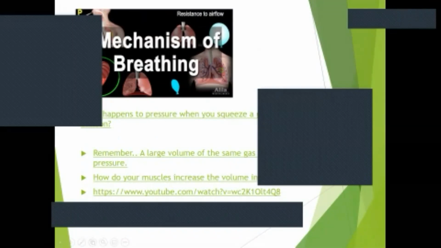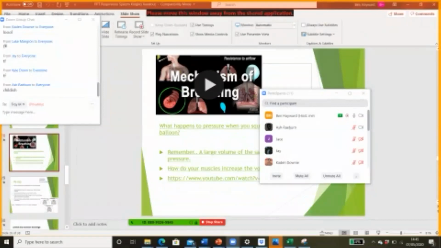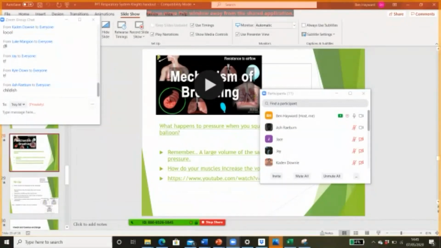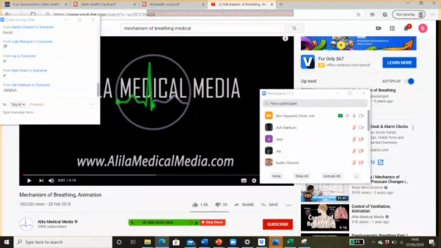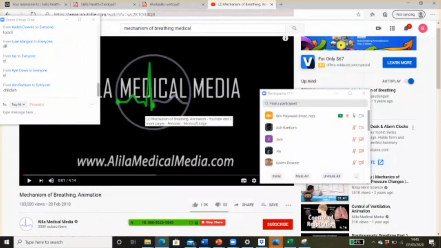I'm going to open it up in another panel. Where's it gone? There we are.